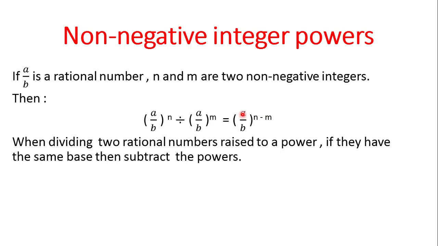So I write the same base, then subtract the powers. For example, 2 over 5 to the power 3 divided by 2 over 5 to the power 2. Here we have the same base, 2 over 5 and 2 over 5, so I write the same base, then subtract the powers. So it will be 2 over 5 to the power 3 minus 2, which is 1.